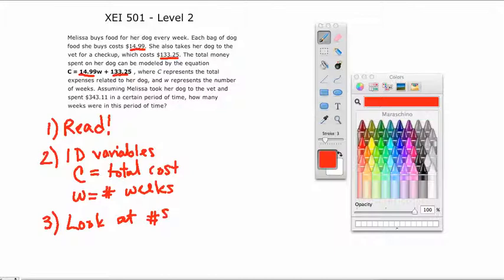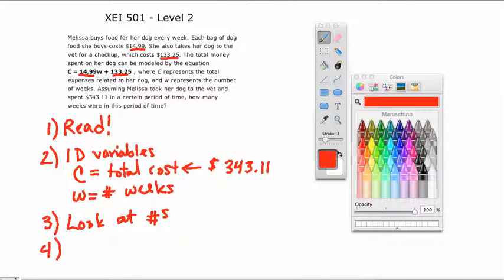And we need to figure out, is this talking about C or is this talking about W? Which variable are we talking about? It's not talking about the number of weeks, so it must be talking about total cost. So I'm going to jot down that C is 343.11.